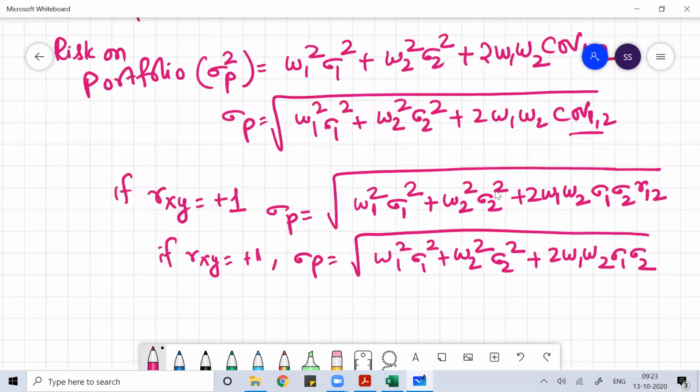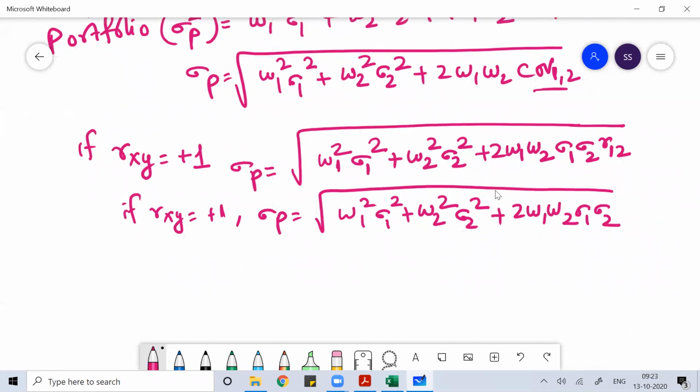If you notice, this is the equation of a square plus b square plus 2ab, which is equal to a plus b whole square.